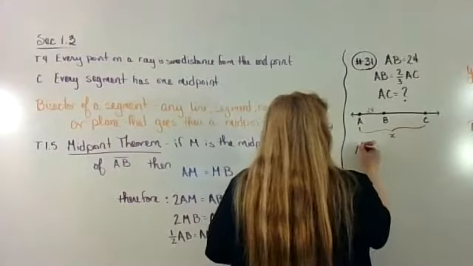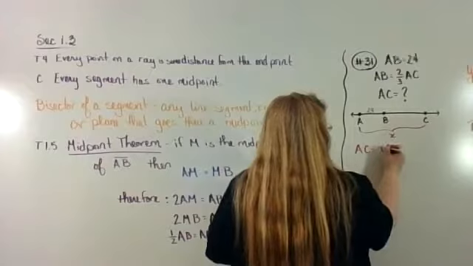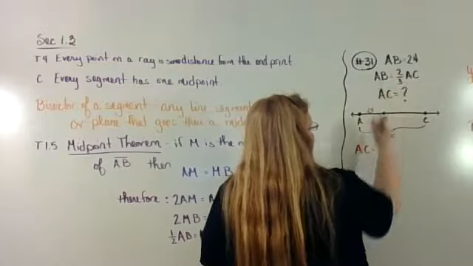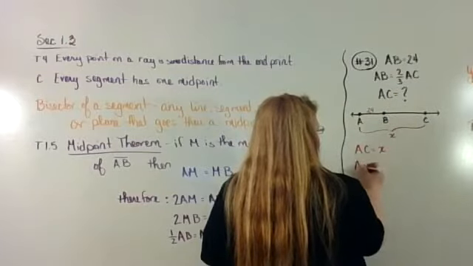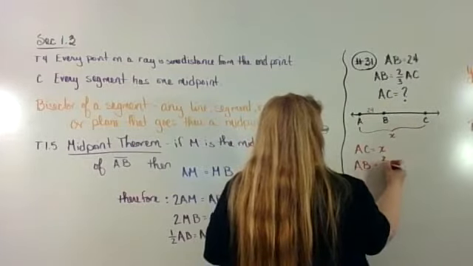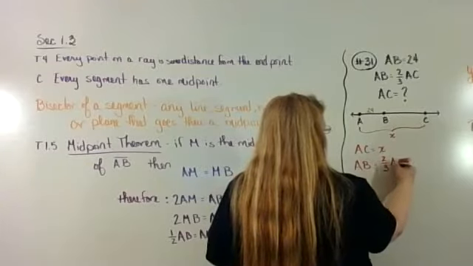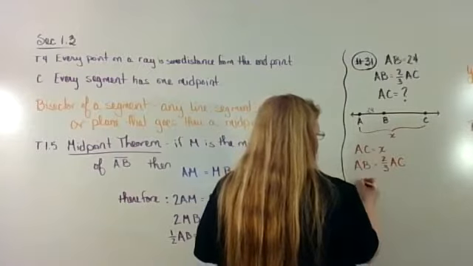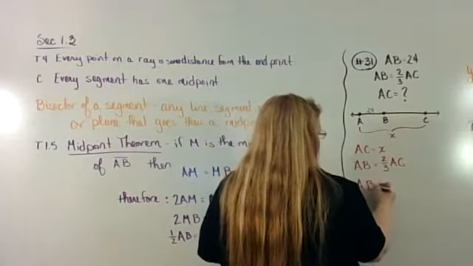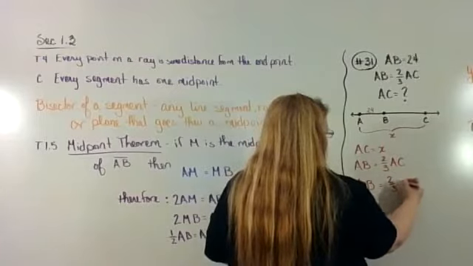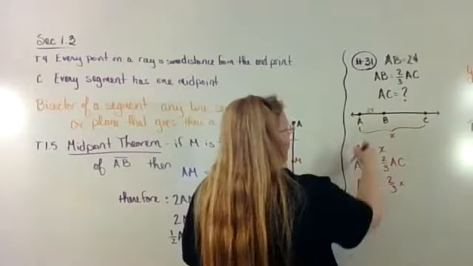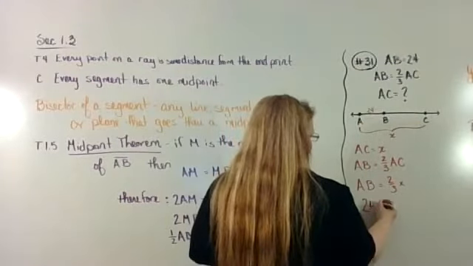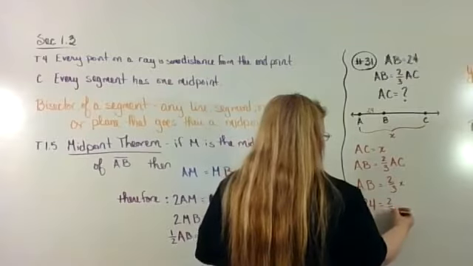That means that I'm going to let AC equal X. And since we know that AB is equal to 2/3 of AC, I can substitute in place of AC and put X. So that means that AB is equal to 2/3 of X. And we know that AB is really 24, so I can substitute this AB and put 24 is equal to 2/3 of X.